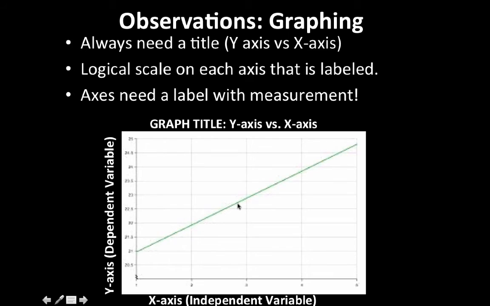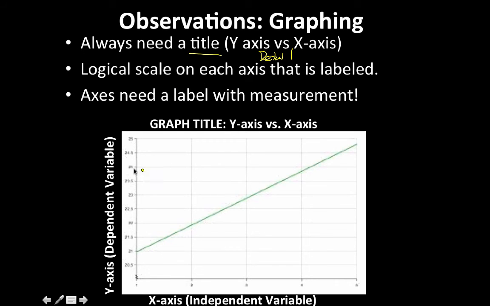When you do collect your data, your observations, I'm always going to ask you to provide some visual for that, and that's going to involve some graphing. When you graph, you need a lot of components here. It's basic, but I'm just reminding you: you need a title, y versus x, so whatever is on your y versus the x. Some explanation here. There needs to be detail of what's going on.